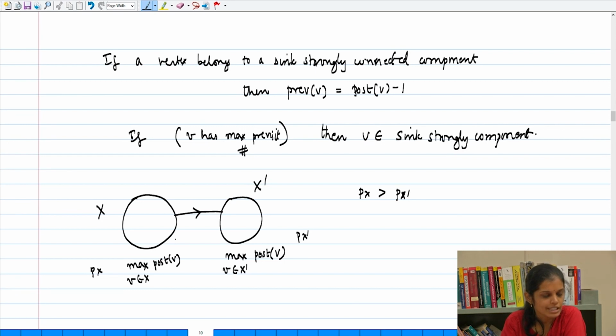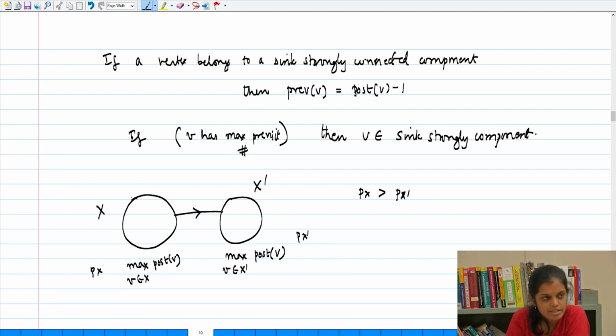Okay, so now first let's ask, is this true? So what can happen during the DFS exploration? Maybe we chose some vertex inside x prime first, in which case we have given pre-visit and post-visit numbers to all the vertices in x prime, and therefore clearly if we chose vertices in x later, then the max post-visit number is going to be larger here than this, right? What can you say in the other case?